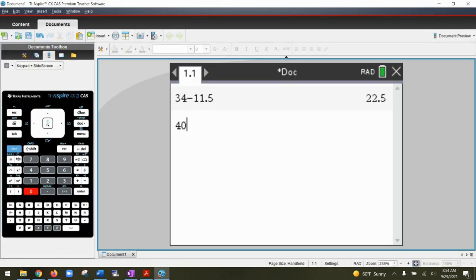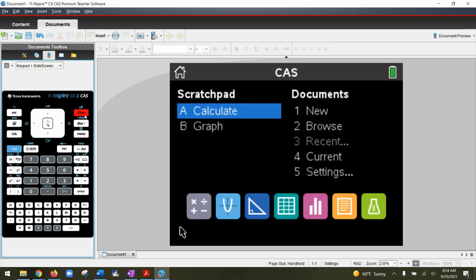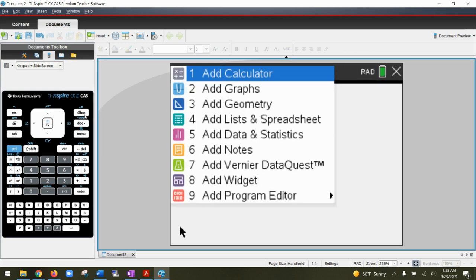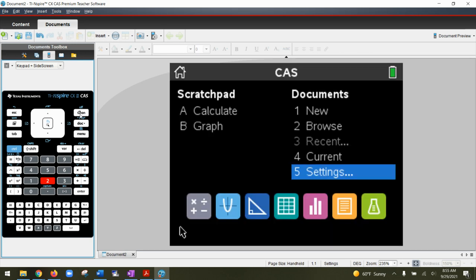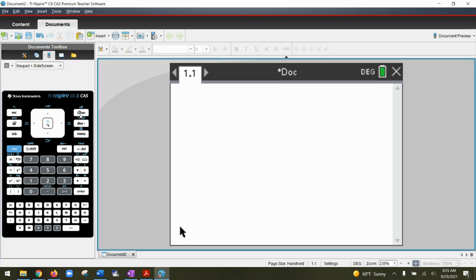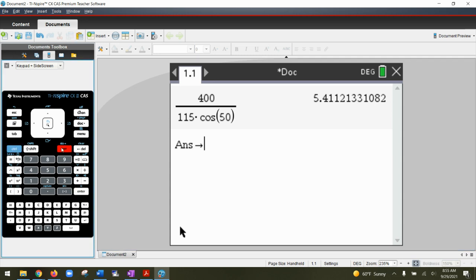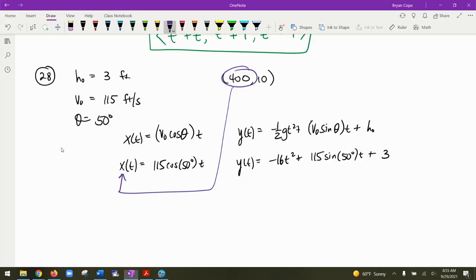So we'll take 400 divided by 115 times the cosine of 50 degrees. Okay, so that's our time. I'm going to store that as t, so 5.41.